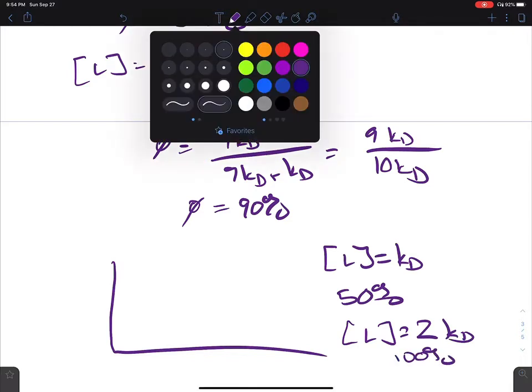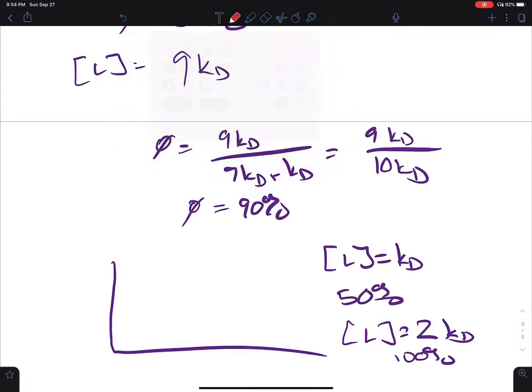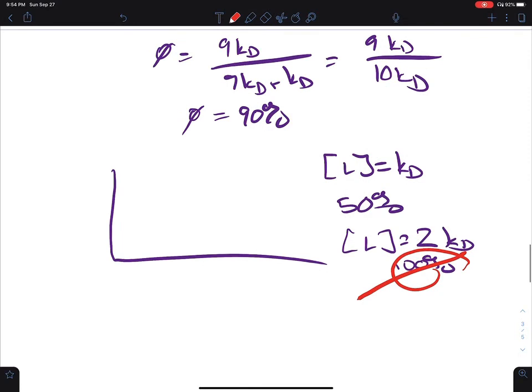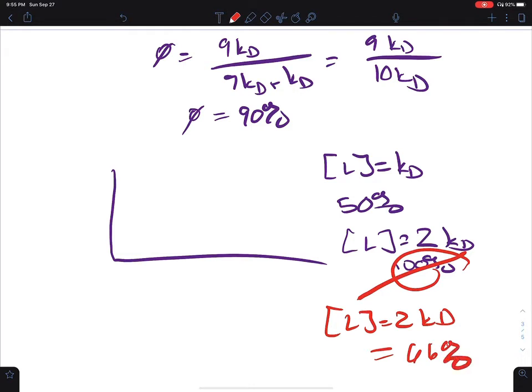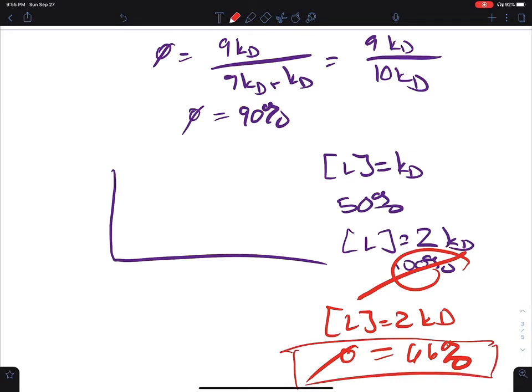But that is not the case. When the ligand concentration is equal to 2 Kd, then you end up having 66% bound for theta. And I would leave you to do that math and try that out.